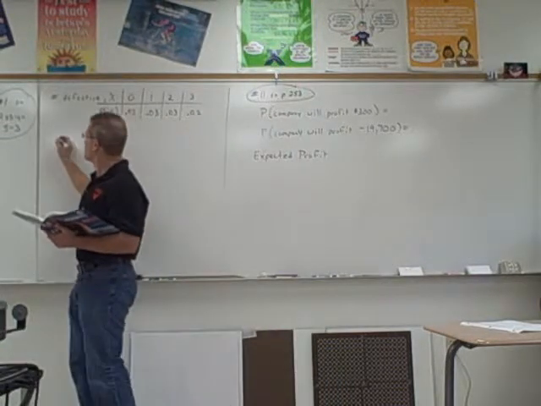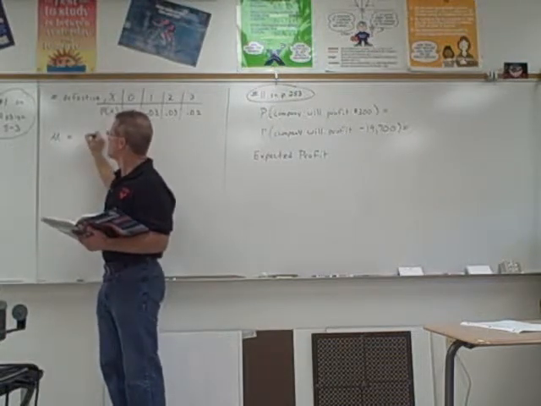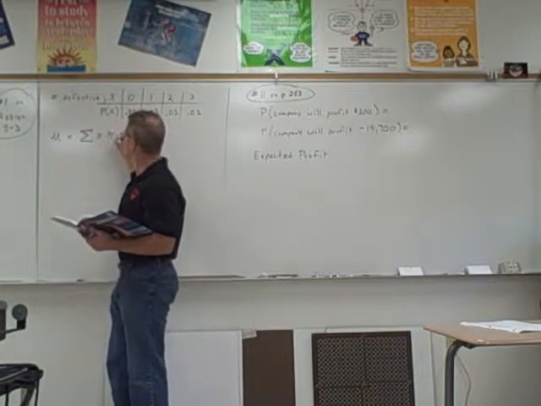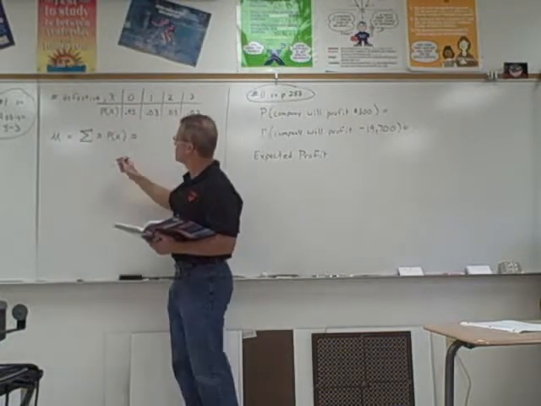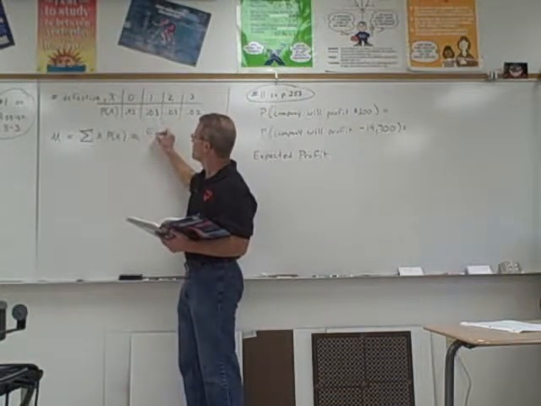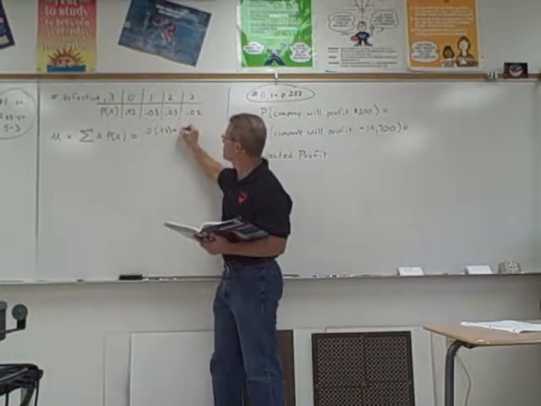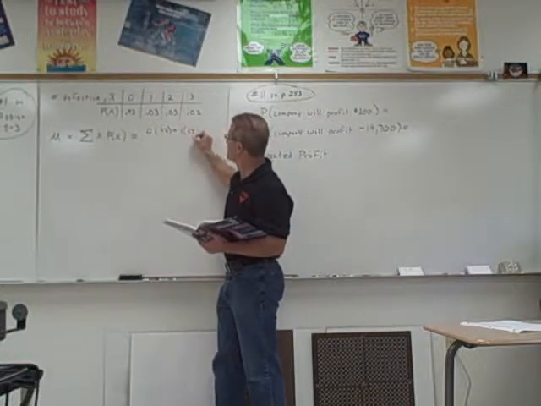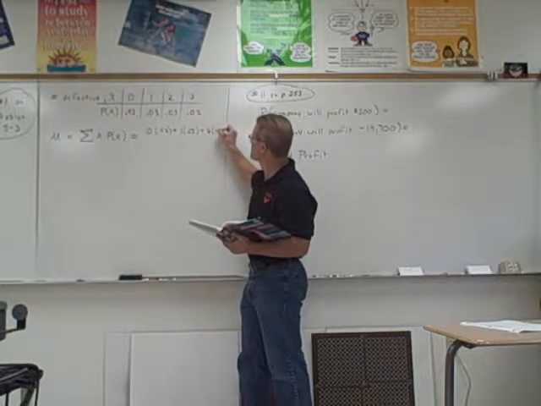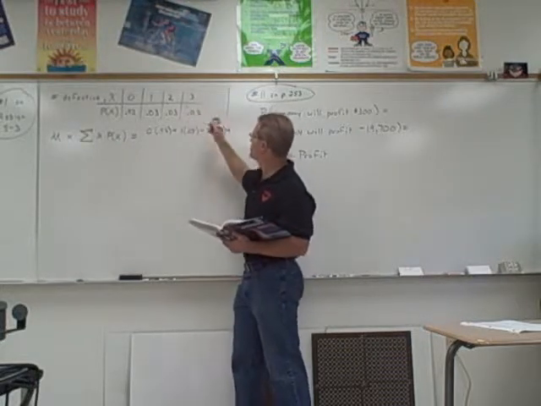So for the mean, this is our population mean. We're going to use this formula, the sum of X times P of X. So that means we're going to multiply our X's times our P of X's. So we're going to do 0 times 0.92 plus 1 times 0.03 plus 2 times 0.03 plus 3 times 0.02.